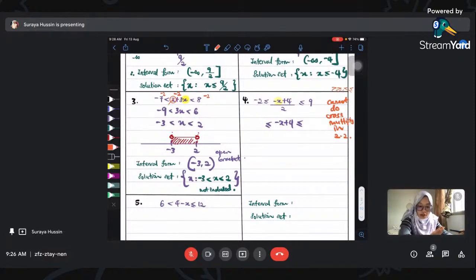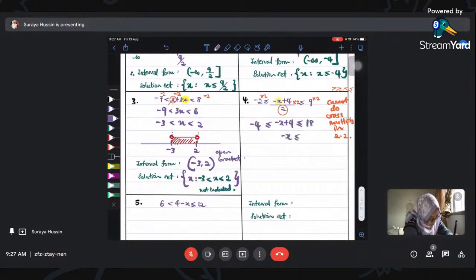Inequality cannot have cross multiply. So what we are trying to do is remove the 2 below, so we are multiplying both sides by 2.